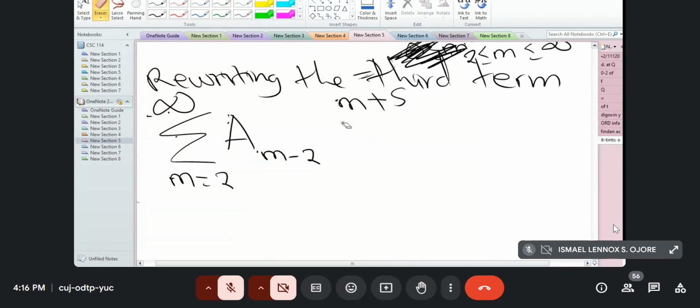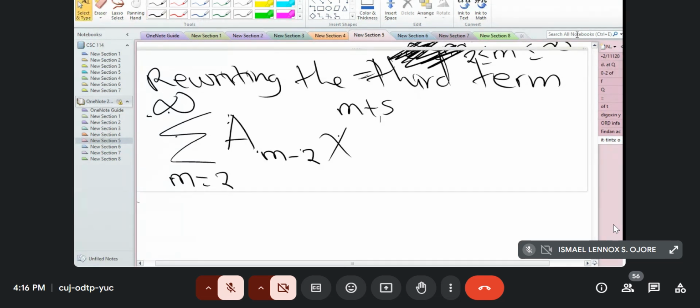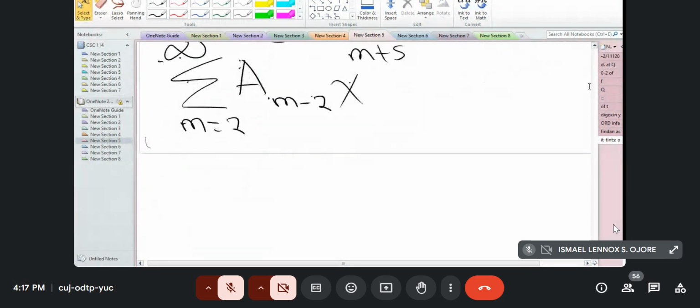I think there's something missing. a_{m-2} times. Is this okay? Yes, it is. So summation from m is 2 to infinity a_{m-2} x to the m plus s.